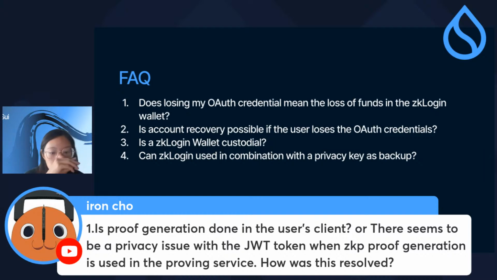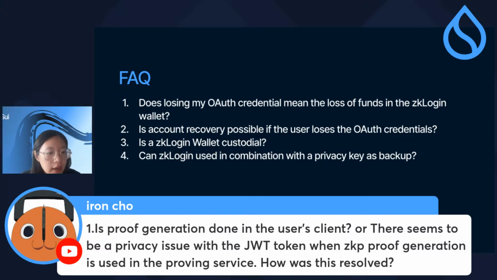You are able to run it on your client side if you're concerned about privacy, about not giving your JWT token to anywhere else. It is a trade-off because generating a proof on the client side can take up to a few minutes, and I think on some devices we've seen 10 minutes proof generation time.